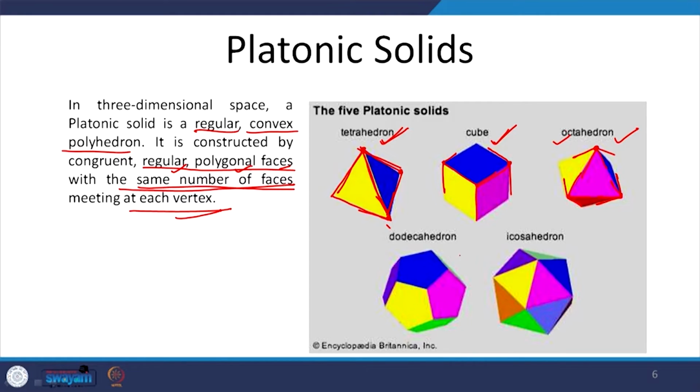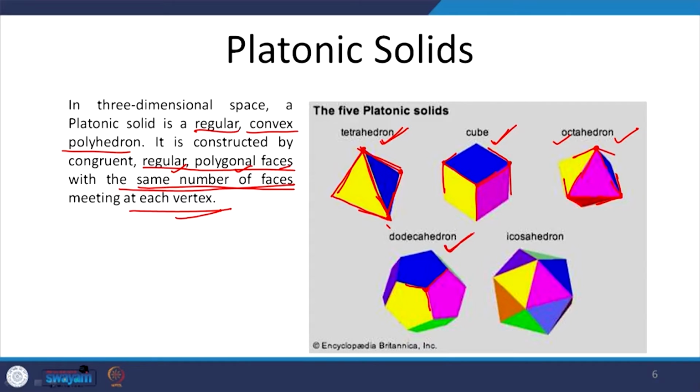We have another one which is called the dodecahedron. In a dodecahedron, we have pentagons meeting together. At each vertex we have 3 pentagons coming together. So, it is always a convex solid, and we have the same number of faces meeting at each vertex.